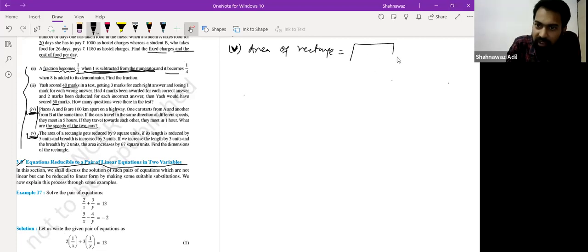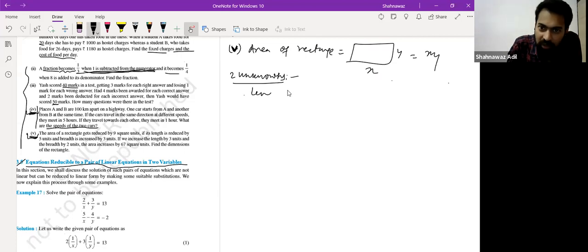Let's say this is X, this is Y, length into breadth, so XY, right? Two unknowns, length X, breadth Y.